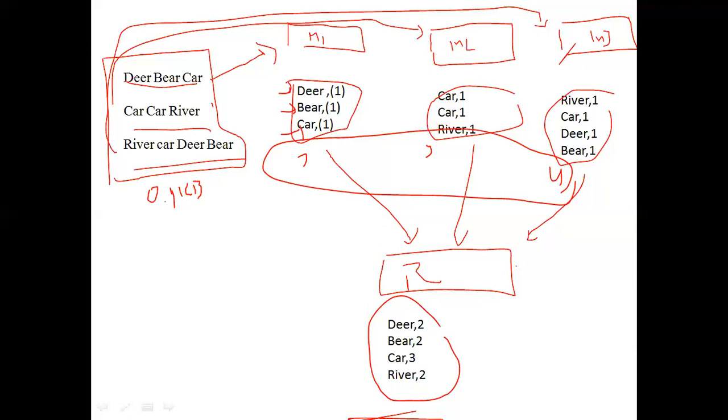We can't assume the number, because the output of the mappers will be very huge. In this example we got only 10, but in real time we will get a large number of rows.